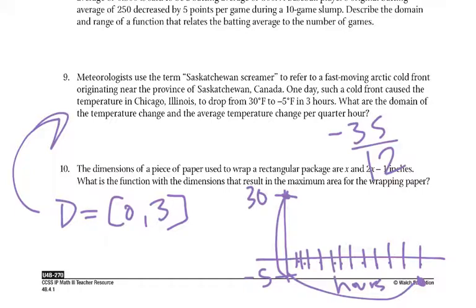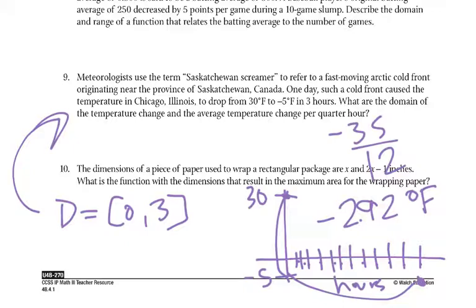So -35 divided by 12 would give us about an average rate of change of -2.92 degrees Fahrenheit. All right. The temperature change would be obviously -35 degrees. And we'll call that good on that one.